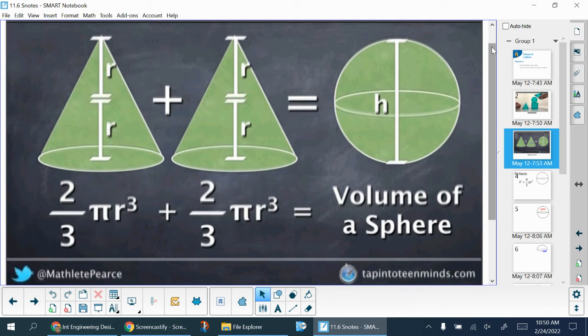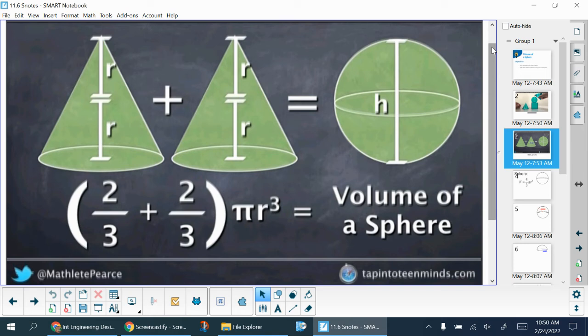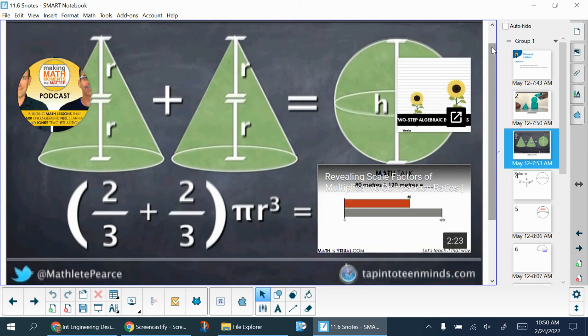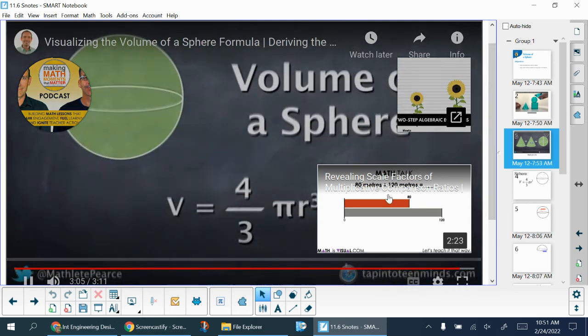They're going to write the fractions out front, 2/3 pi r cubed plus 2/3 pi r cubed. But when you add those together, 2/3 plus 2/3 makes 4/3 pi r cubed eventually.